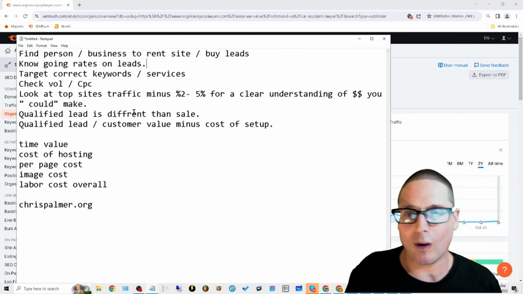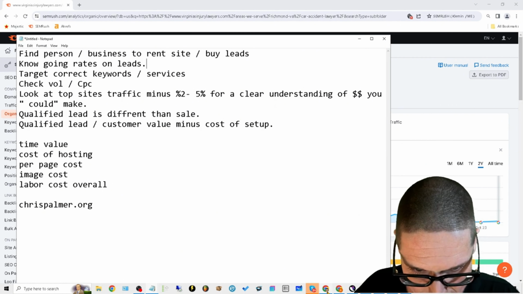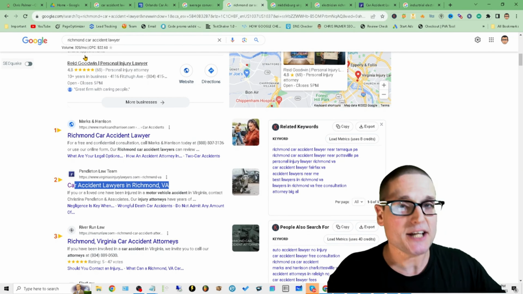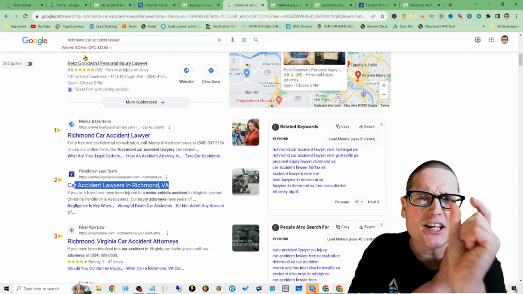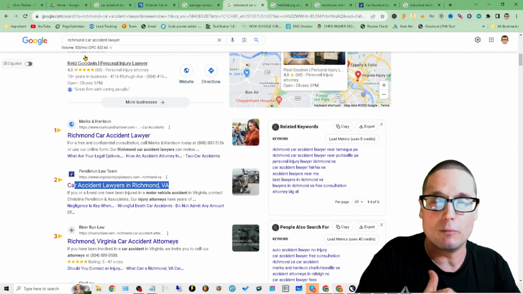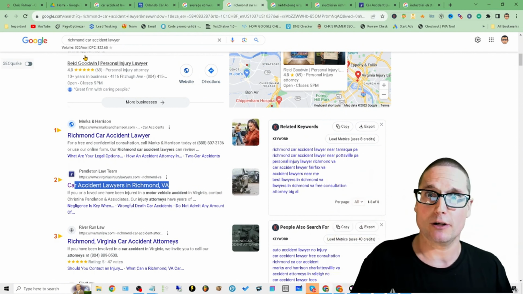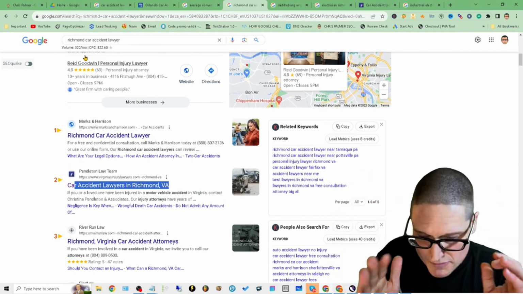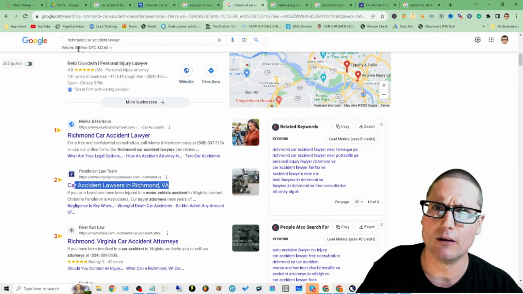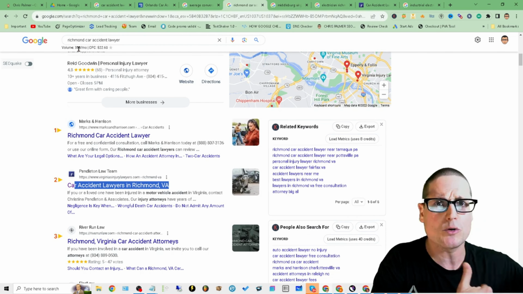Next is target the right keywords. So I'll use an example. Exact match domains in a small city, the sites are going to rank right away. It's such a small industry or niche plus a small area that there's no volume. There's not even a chance for conversion, right? So what I'm showing you is to make sure there's some type of traffic, or talk to somebody that knows the industry.